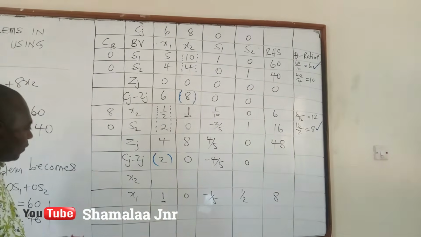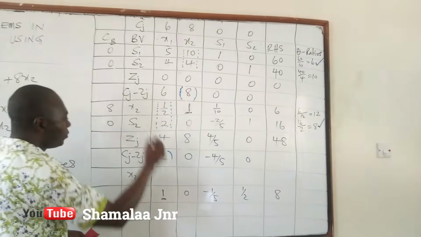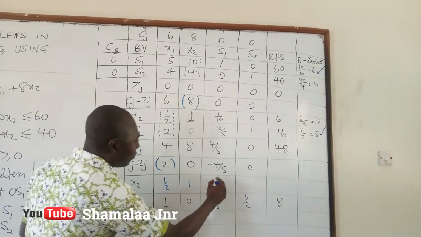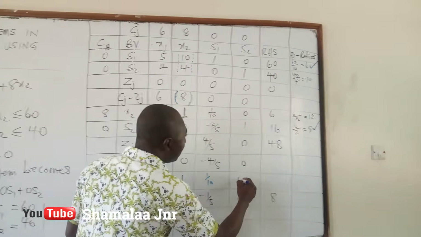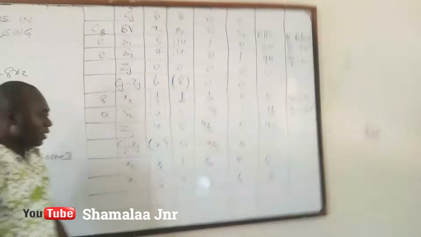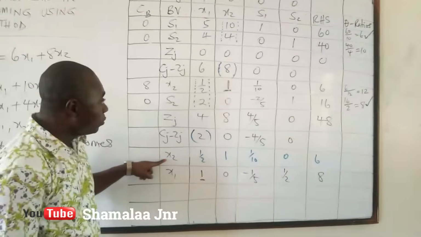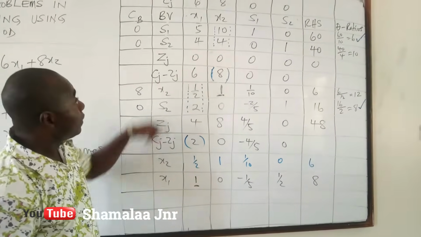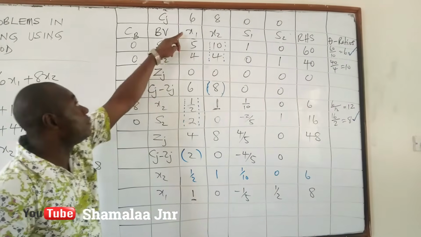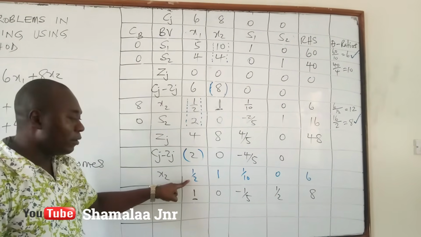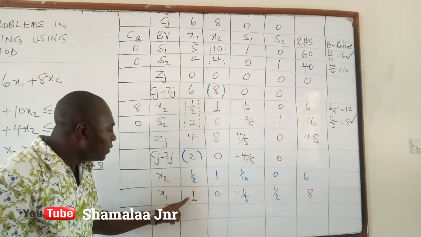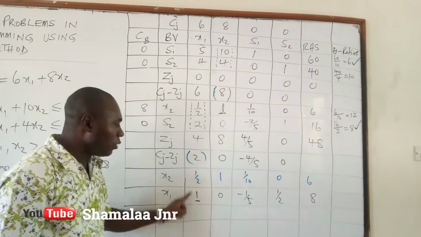Now let's look at the original values of S2. You had 1 over 2, 1, 1 over 10, 0, and then 6. And you are saying that X2 versus X1 should be 0, because a basic variable versus another basic variable should give you 0. So we are going to use this newborn baby, this new basic variable, to change this one to 0.